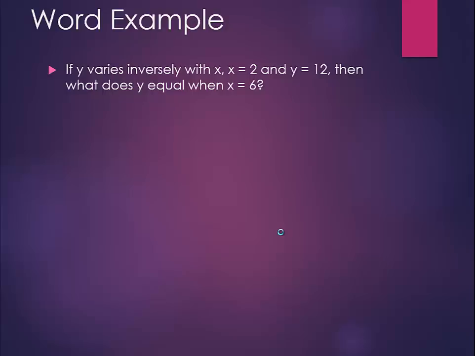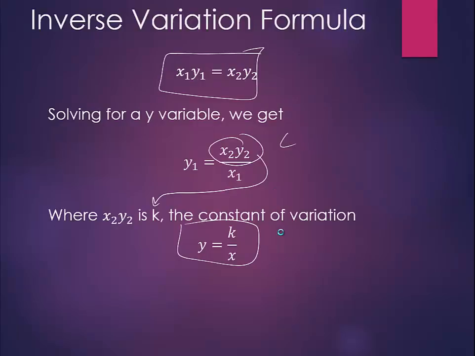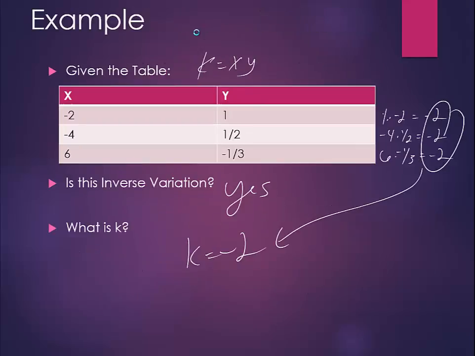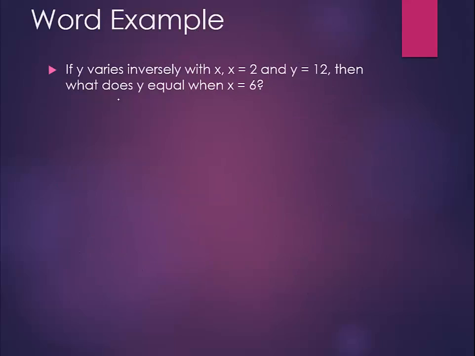So instead of using the y equals k divided by x equation, we'll be using the x1 times y1 equals x2 times y2 equation. So let's write that down. x1 times y1 equals x2 times y2. So now let's go ahead and label. Our first x will be x1, first y will be y1, and our second value will be x2.